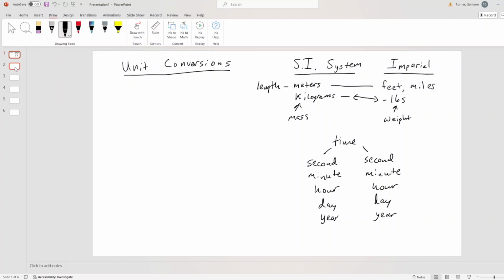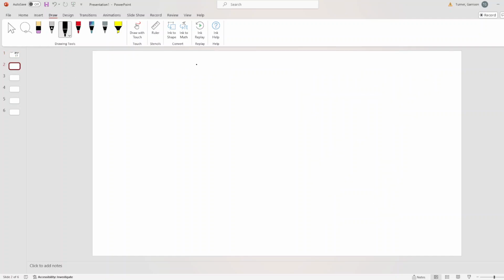Okay, so first things first, let's run through the SI prefixes very, very quickly. So we have, now these are not the only prefixes in the SI system, these are just the most common.